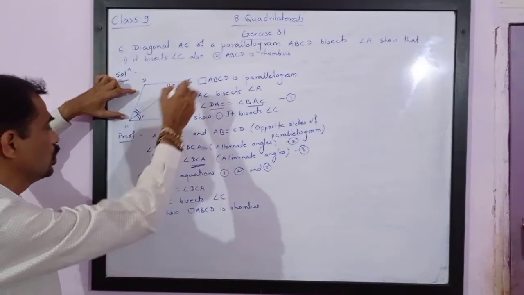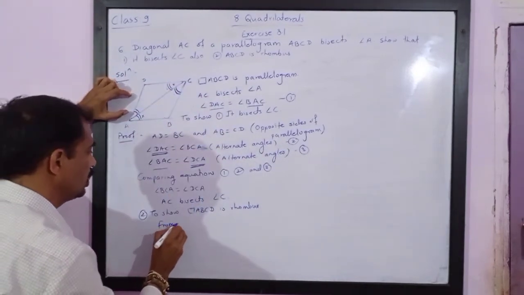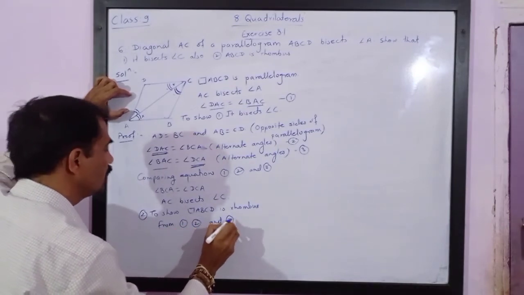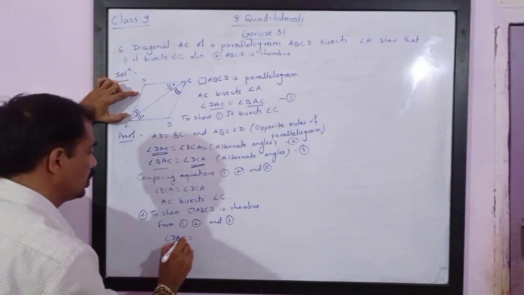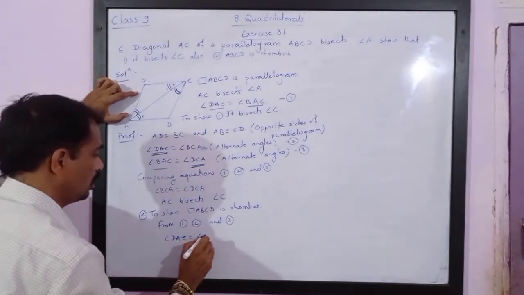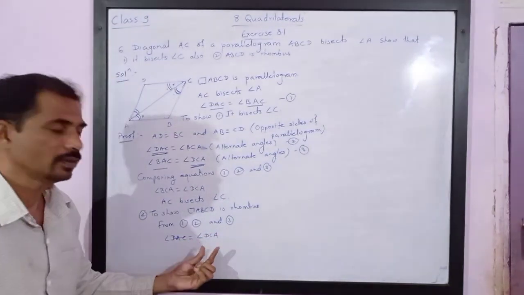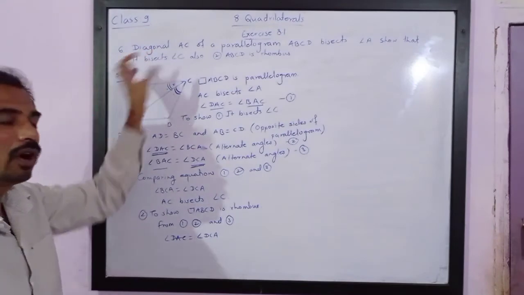So again we can say from 1, 2 and 3, angle DAC equals angle DCA. If these two angles are congruent, it means sides opposite to them must be congruent.